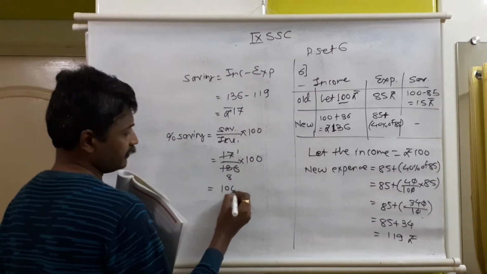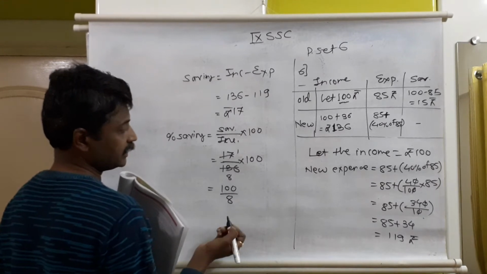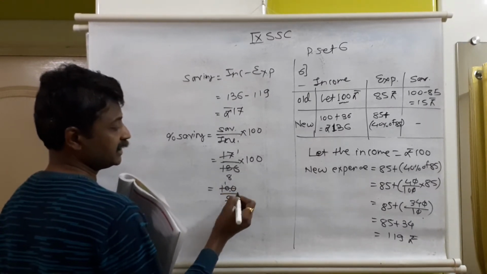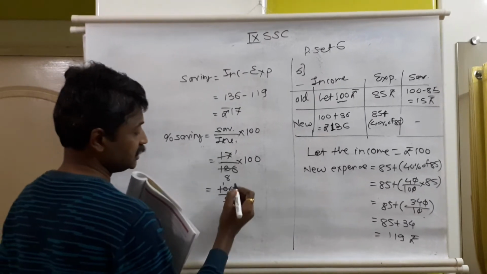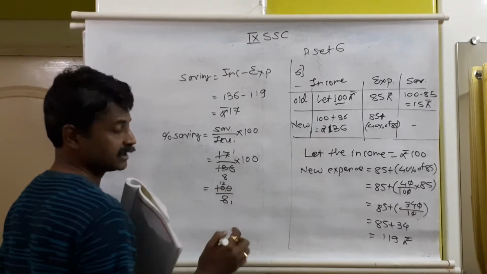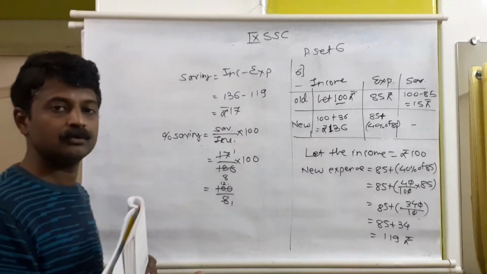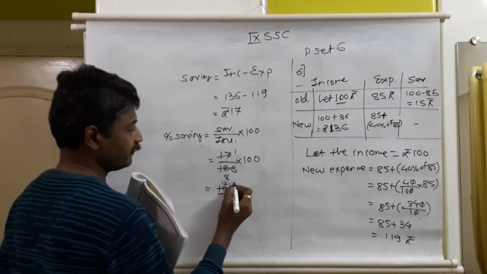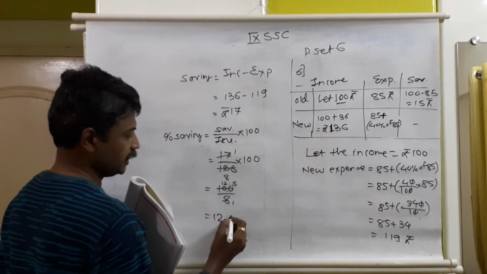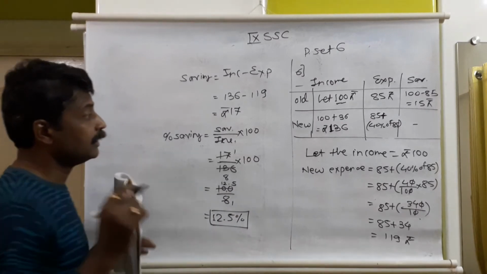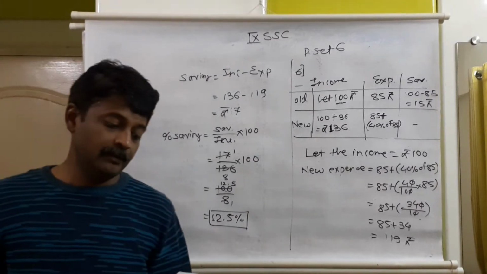Then it will have 100 upon 8. 100 upon 8 can be simplified: 8 ones are 8, remainder will be 2, it gives 20. 8 twos are 16, remainder will be 4, so we'll take a decimal point. 4 will convert into 40. Now 8 fives are 40, so it will come 12.5%, the percentage saving by Mr. Kailash.